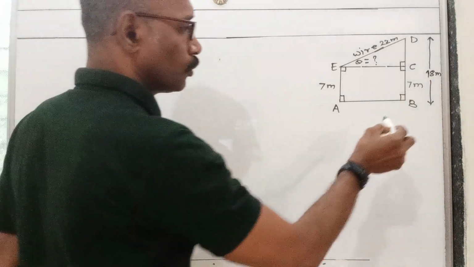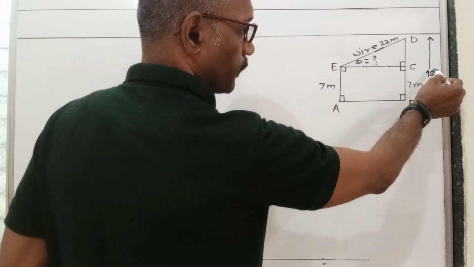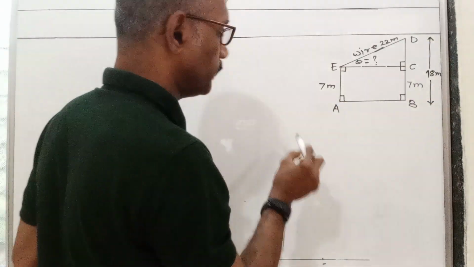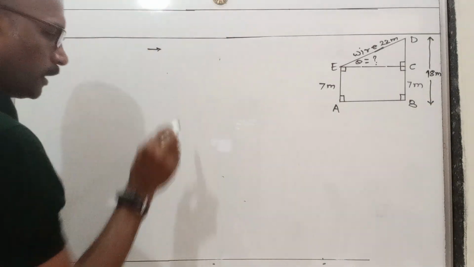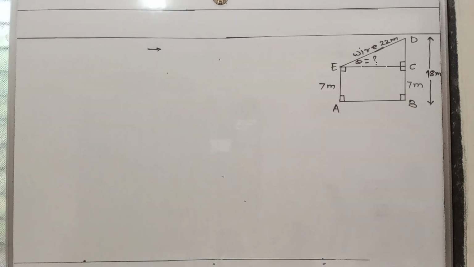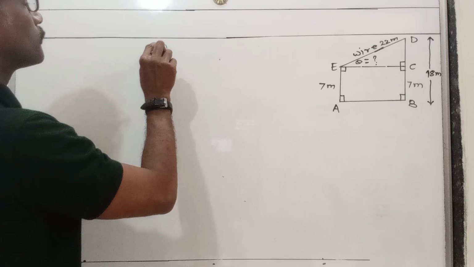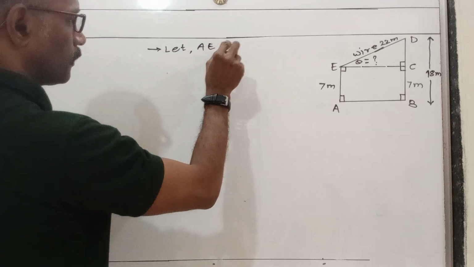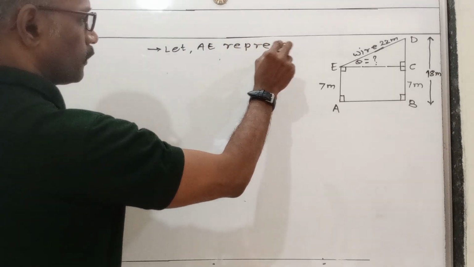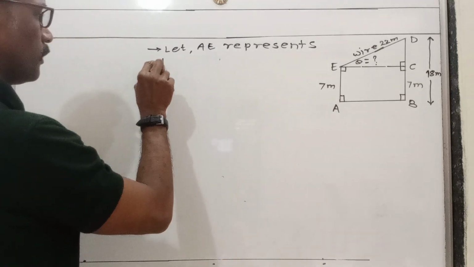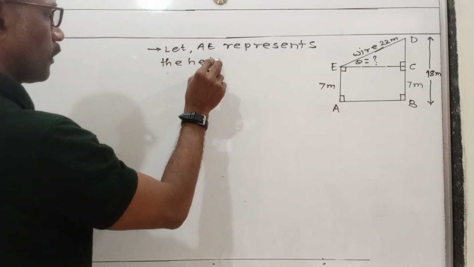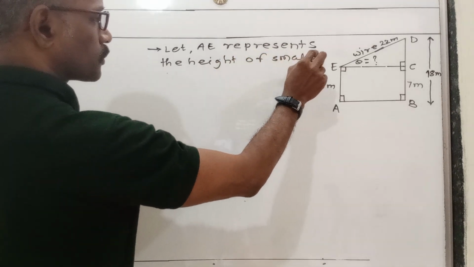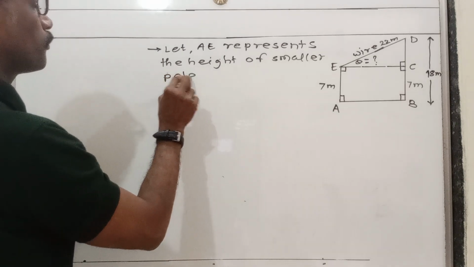Did you get it? Now out of this BD 18 meter, this BC is 7 meter. So we will find CD. Therefore, first we write here: let A represent the height of the smaller pole.